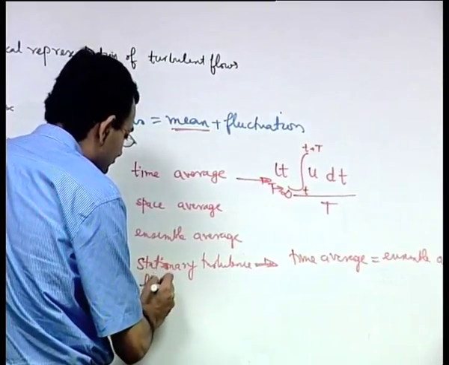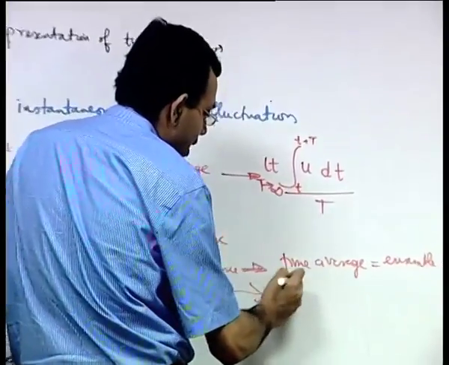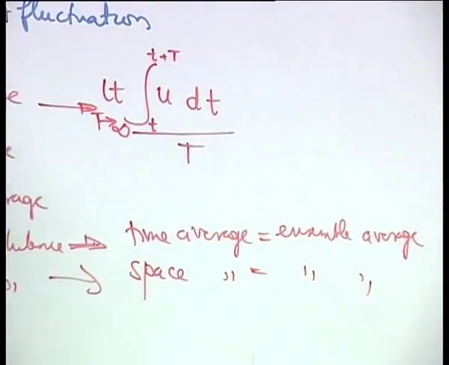Similarly, for homogeneous turbulence you have space average equal to ensemble average.